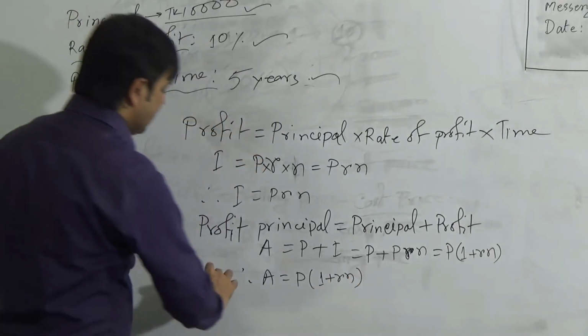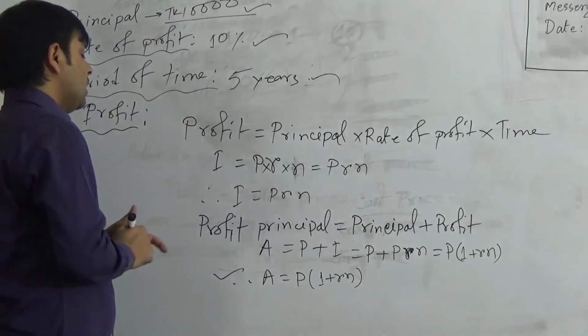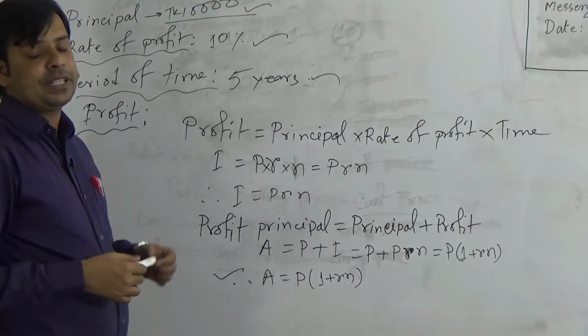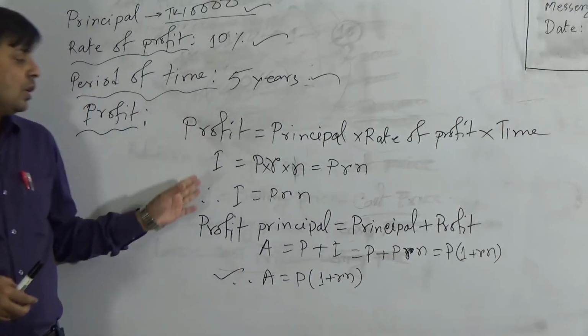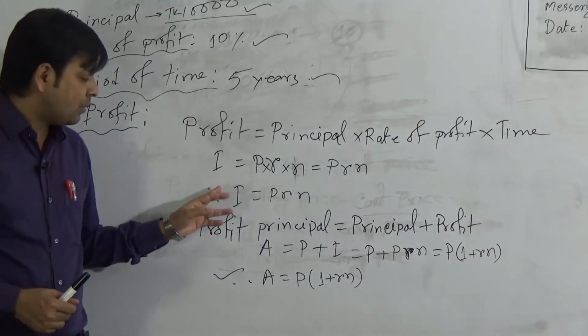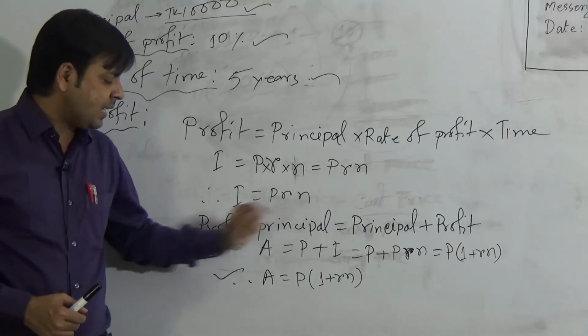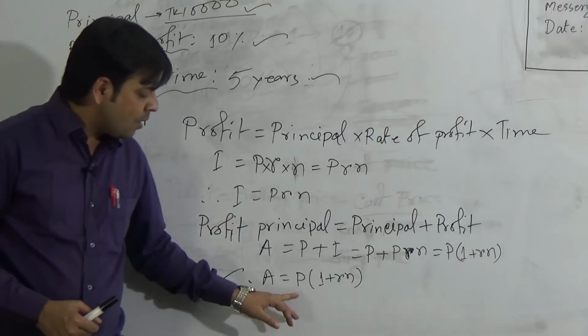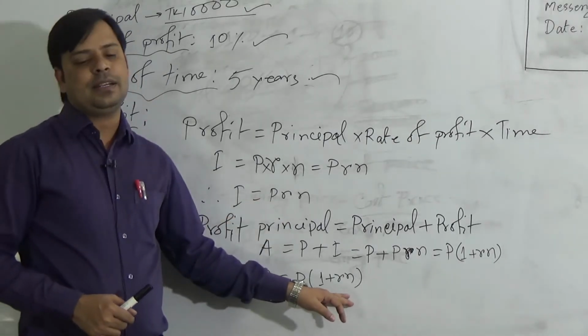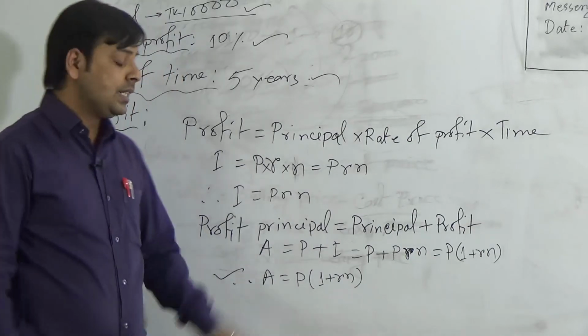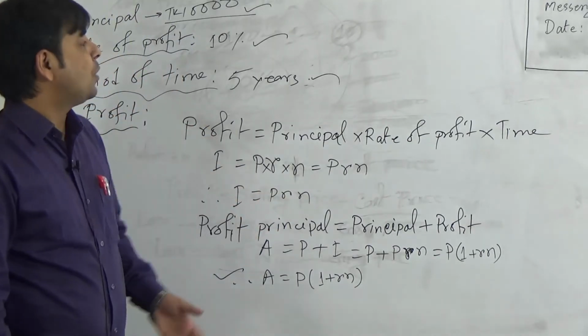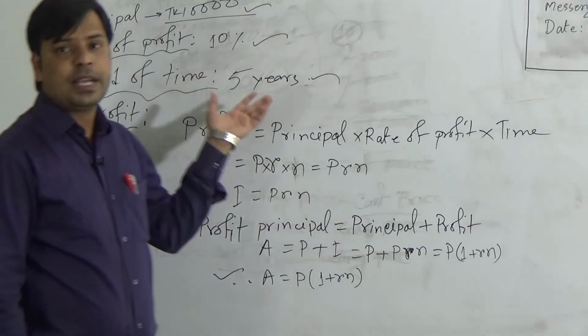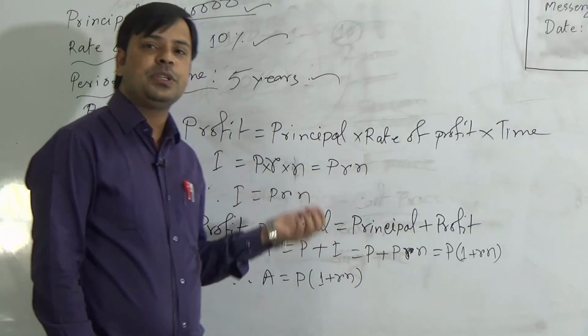So this is another formula in case of simple profit. In case of simple profit, we know now two formulas. One is I equal to PRN, another is A equal to P into 1 plus Rn. Okay, dear students, using these formulas we can solve any problem related with simple profit.